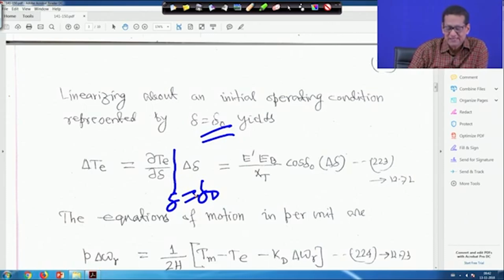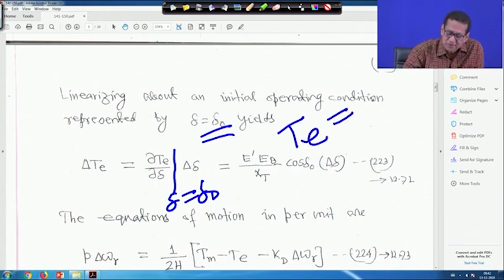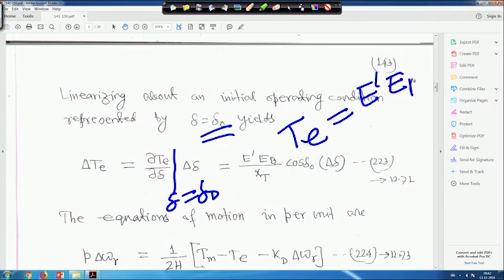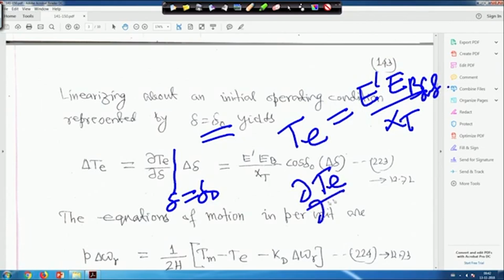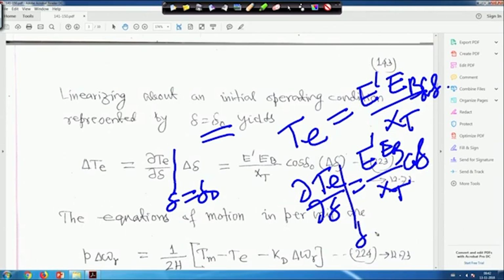If you take delta T upon delta delta, that is E dash EB upon XT cos delta, and at delta is equal to delta 0, this will be cos delta 0, right.